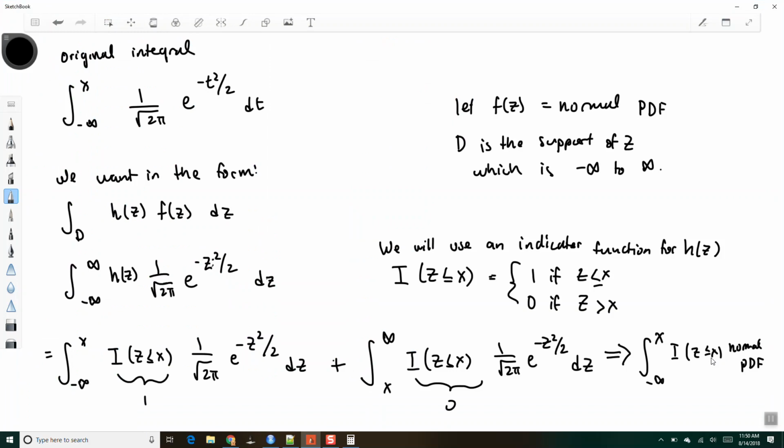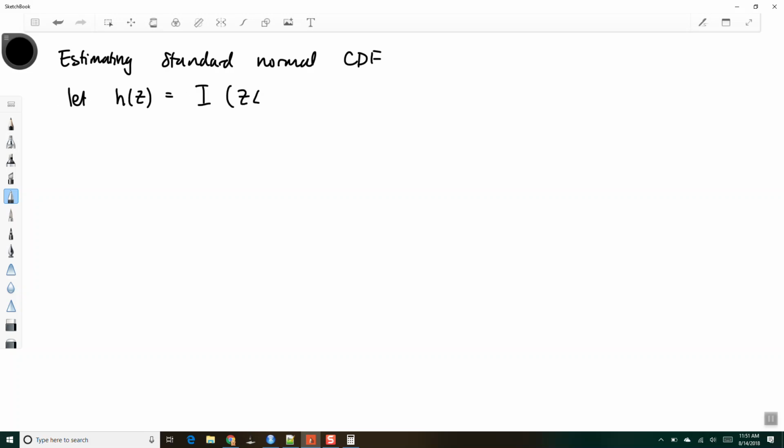Okay, and so if we want estimates of the standard normal CDF, it can be done this way. We'll let h of z be the indicator function that z is less than or equal to x, and let f of z be the normal PDF.